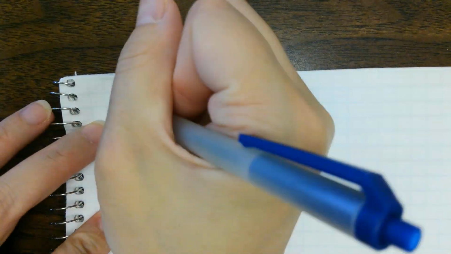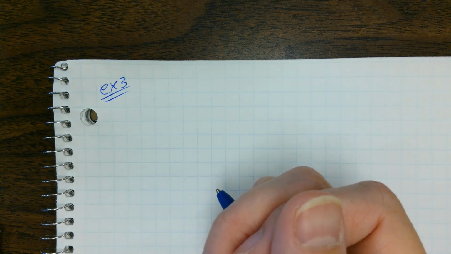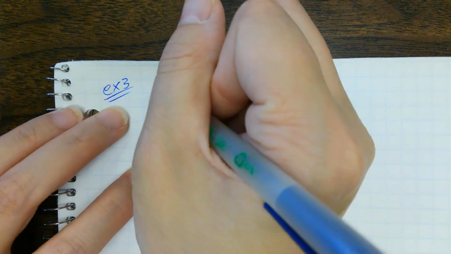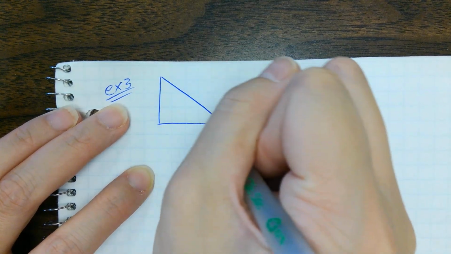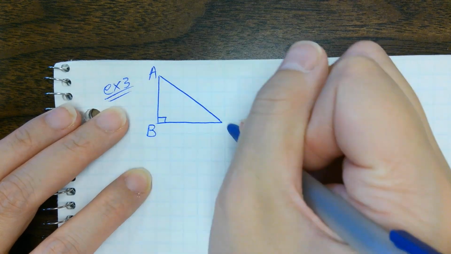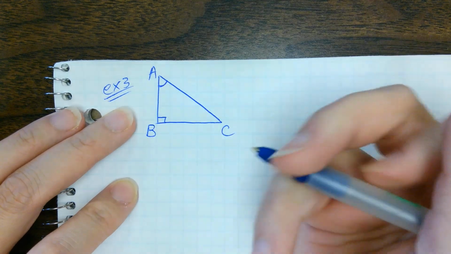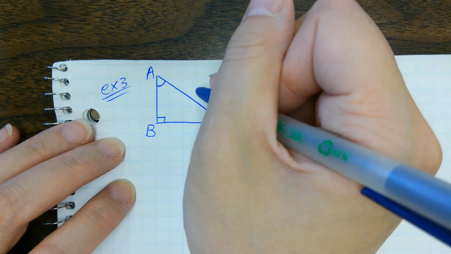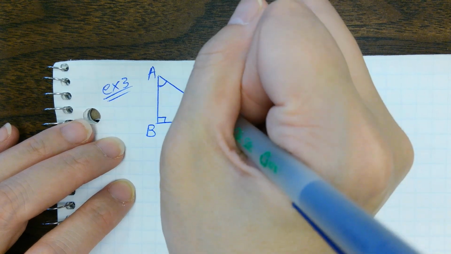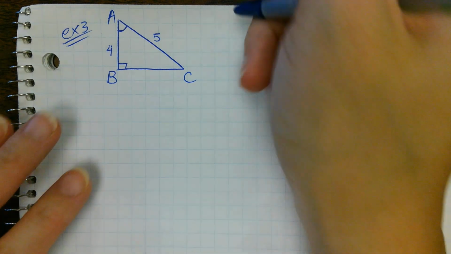All right. Last example. Let's try to solve for... okay, A, B, C. Solve for angle A. And I give you... right.